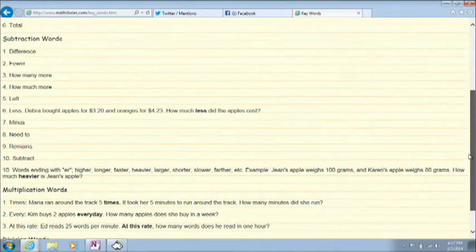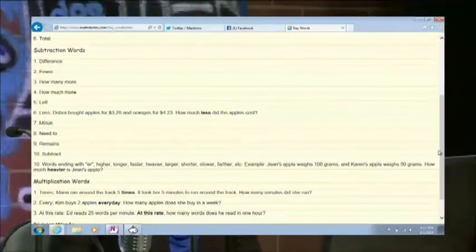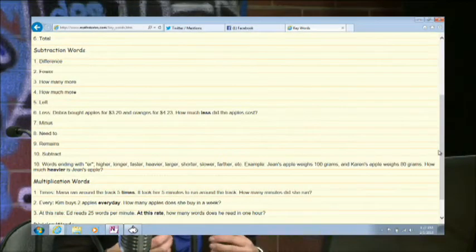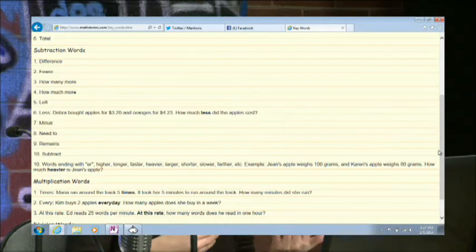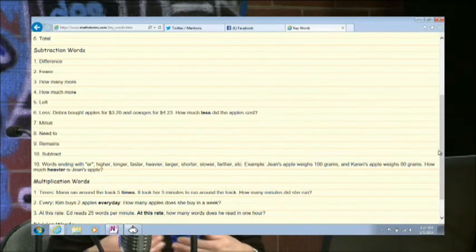When it comes to subtracting, difference is the biggest. If you're finding how much more something is than the other thing, how much is left, how much remains, or how many more, or how far it is between these two things, then subtraction is usually the case.